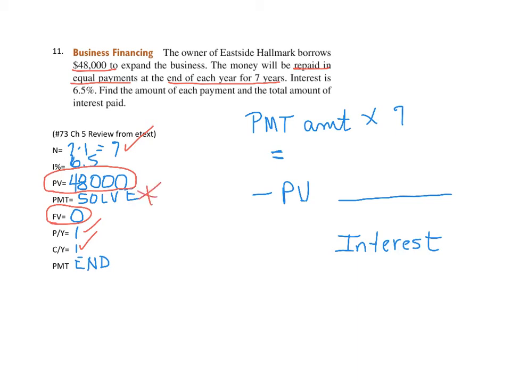So we'll enter the information. 6.5, 48,000, positive because it's cash inflow. 0 for payment, 0 for future value, once a year for P/Y, once a year for C/Y, payments made at the end, and we need to know the amount of each payment, so we solve for payments, and the payments are going to be $8,751 and 91 cents times 7.